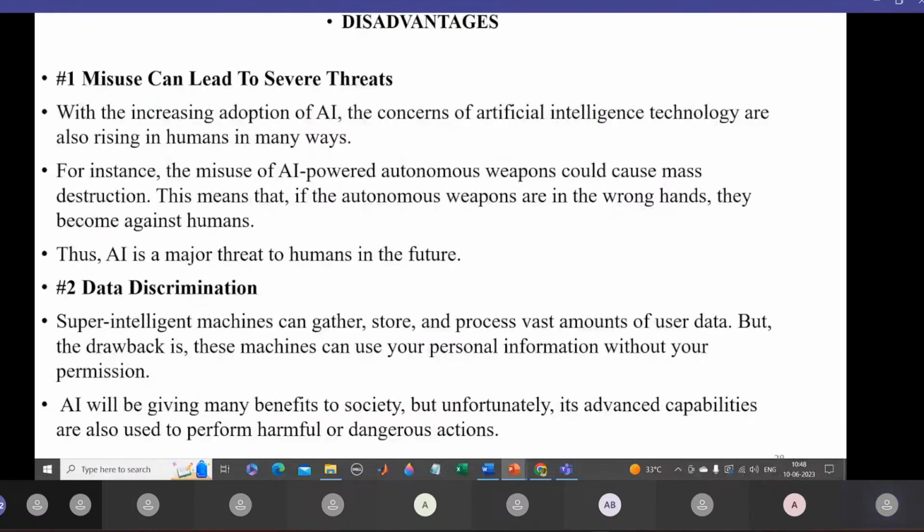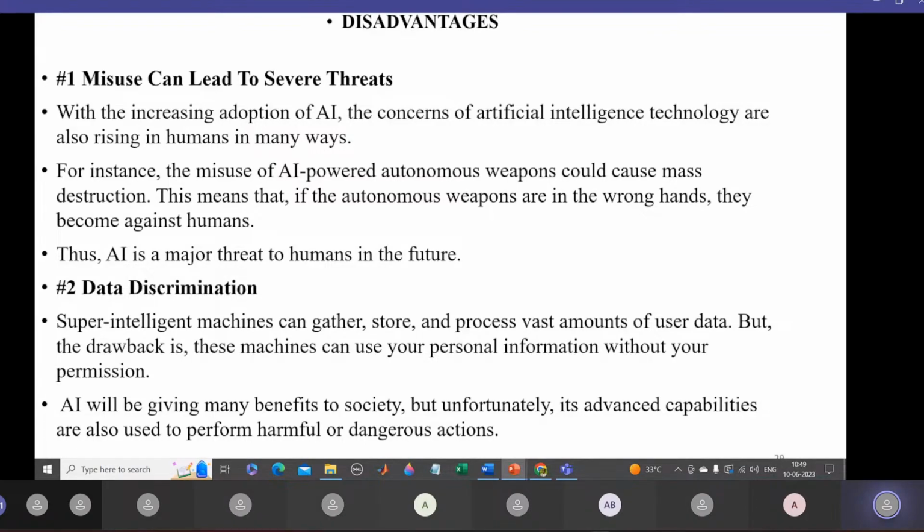What are the disadvantages? Misuse of this can lead to severe threats, meaning things that may lead to risk. When there is increasing adoption of AI, the concerns about AI are also rising in humans in many ways.